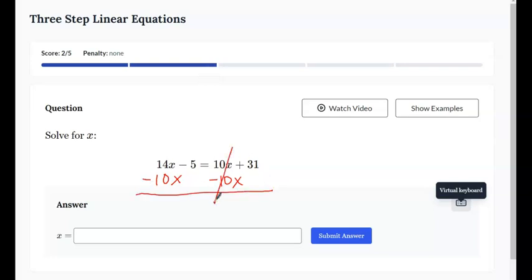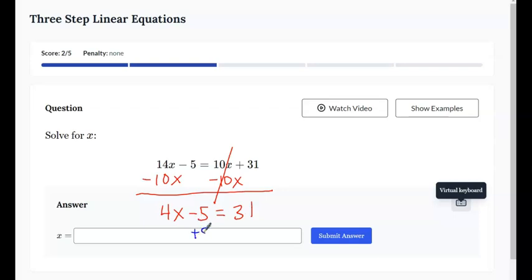And now it disappears here, but I have a math problem on the left-hand side. So I'm going to get 4x from this math problem. I need to recopy the -5, rewrite the equal sign, and rewrite the 31. And now we're back to a standard 2-step equation.